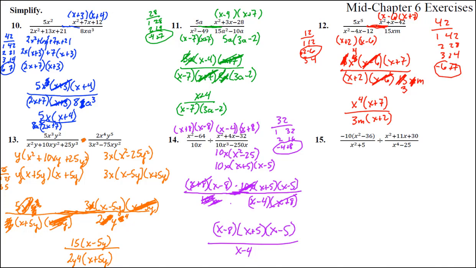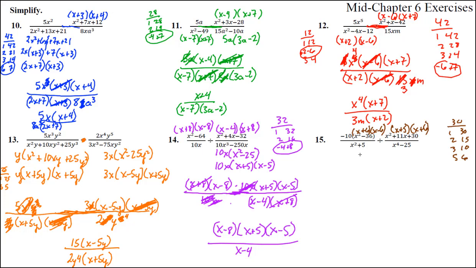And then number 15. Okay, so let me see. The top here, this is going to be x plus 6, x minus 6. Good. What times is this next top one? What times is 30 and adds to 11? 1 and 30, 2 and 15, 3 and 10, 5 and 6. So we got an x plus 5, x plus 6 there.